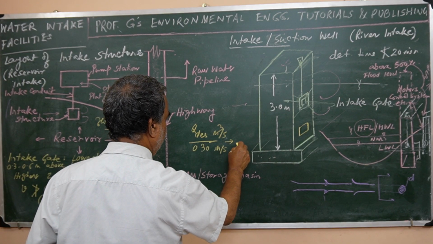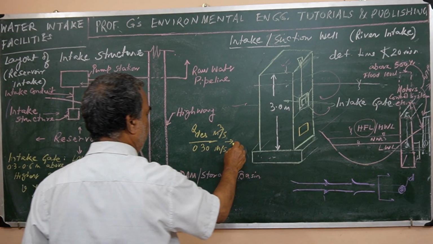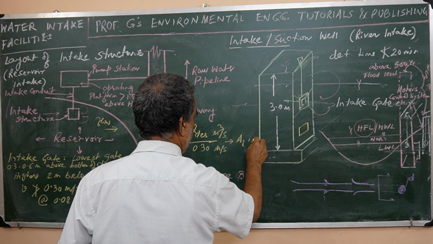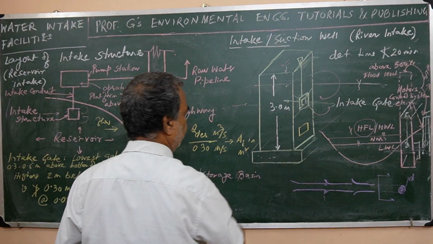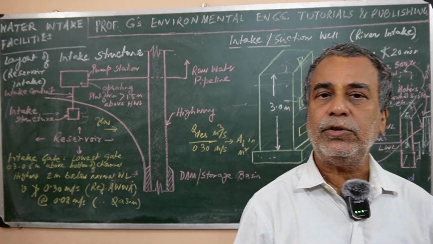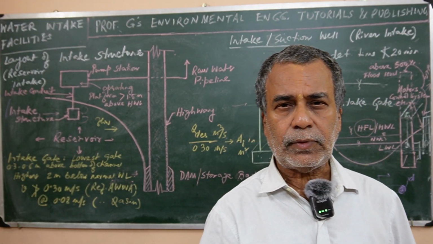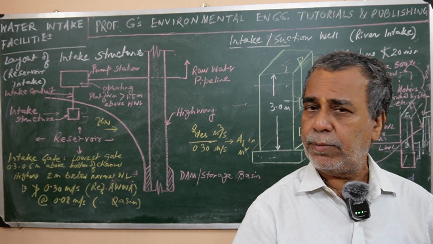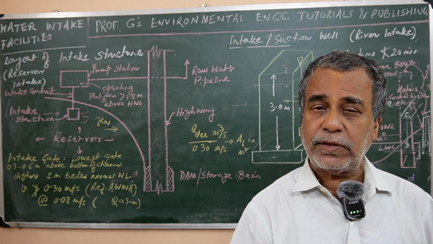So this will be giving you the area of the intake, say area of intake in meter square. So total area of that will be this one. That is the gross area.